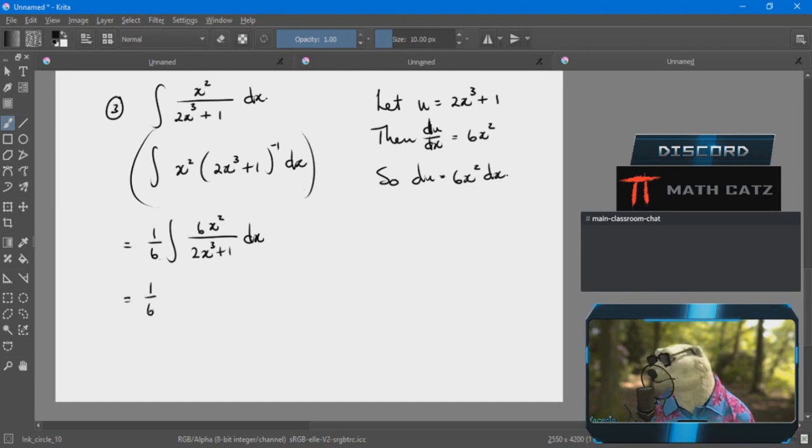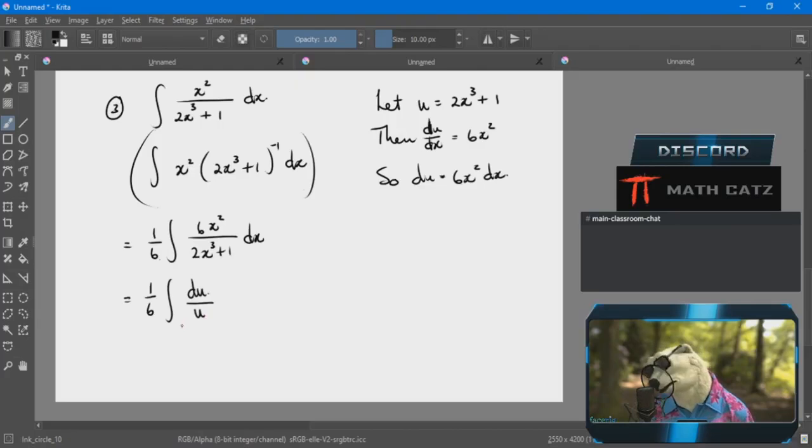Then I have my 1 over 6. Now, bottom first. Denominator becomes just u. The 6x squared with dx, third line says that's a du. Now, if you write a du there, you're totally fine to do that.